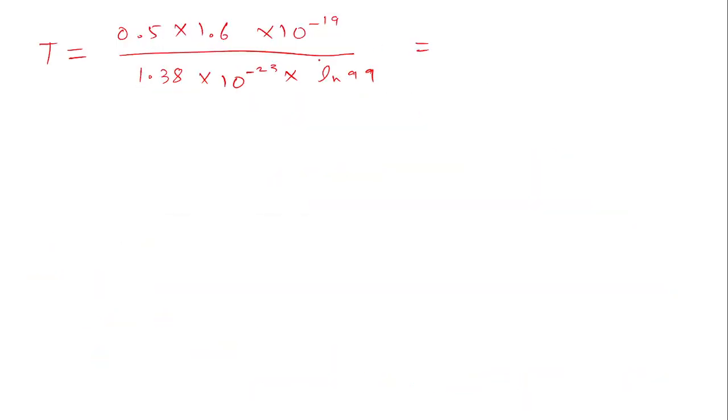When we do this calculation, you get 0.5 multiplied by 1.6 divided by 1.38 divided by natural log of 99, which will be 0.126157 multiplied by 10 to the power minus 19 plus 23, minus 19 plus 4.